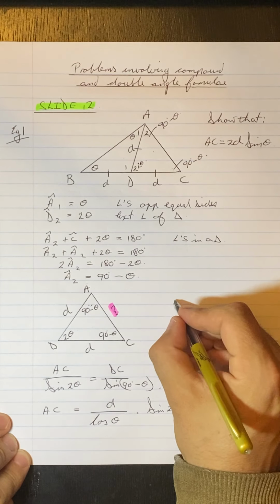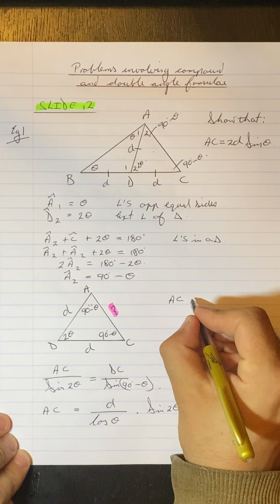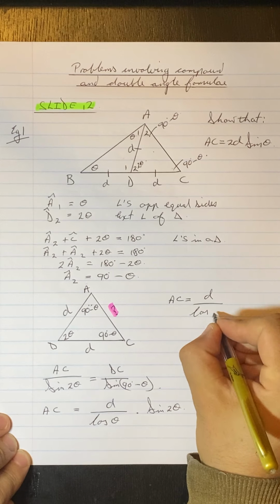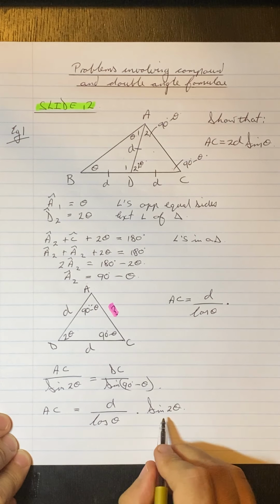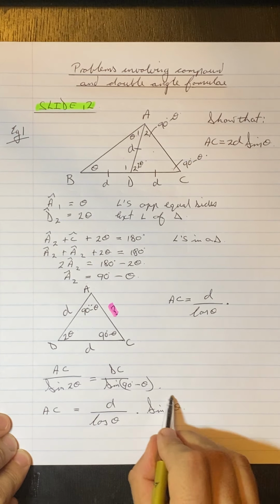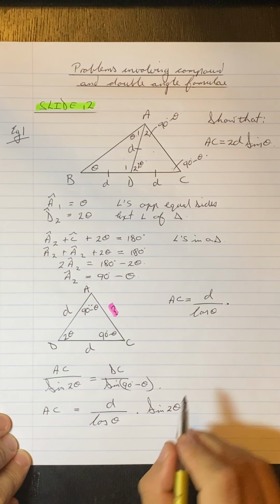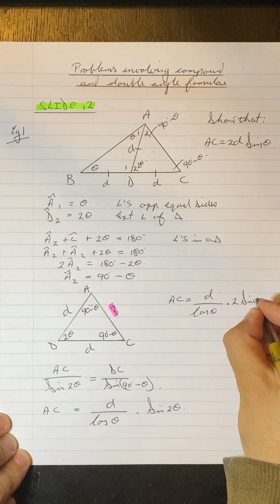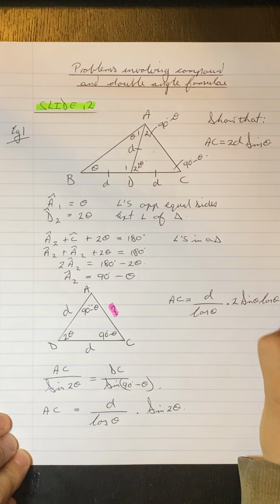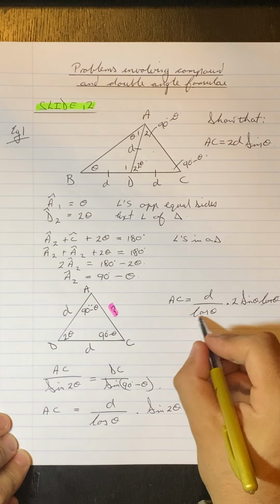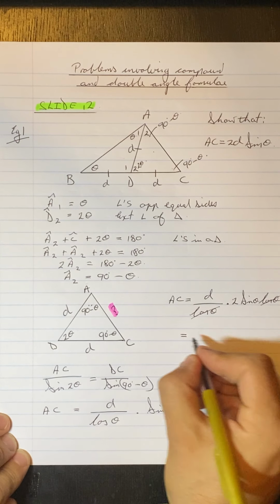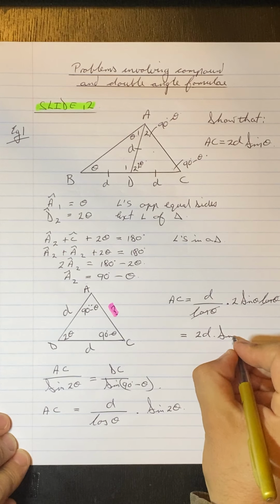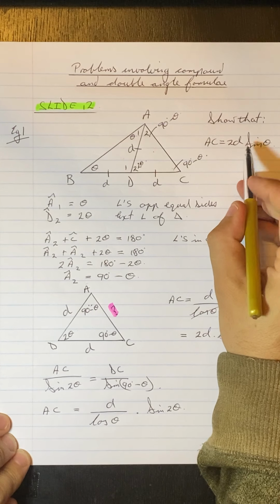So now we know that AC will be equal to D cos theta multiplied by, and what I'm going to do is expand our sine double angle, and this becomes 2 sine theta cos theta. These cos thetas will cancel, and we are left with 2D sine theta, which is what they asked for.